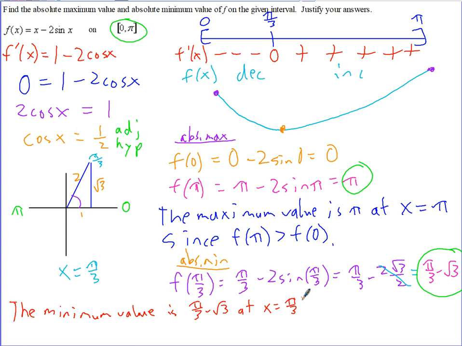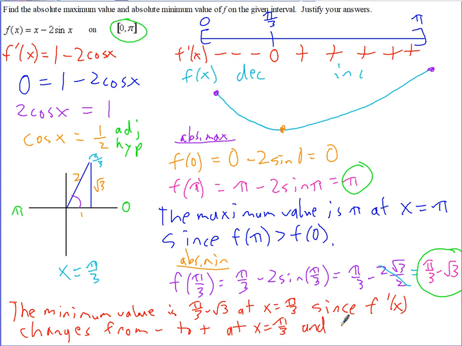And here you're not comparing this to anything, so you can just use the same justification you would use for a relative minimum. Since f prime of x changes from negative to positive at x equals pi over 3. And you can add on also, because normally we consider the endpoints too, neither endpoint is a potential minimum.